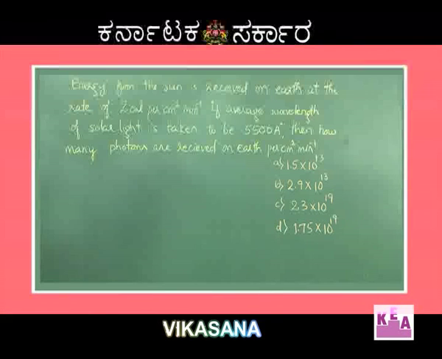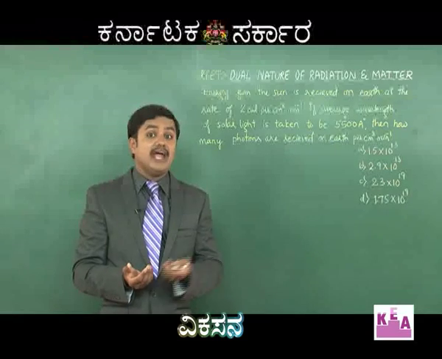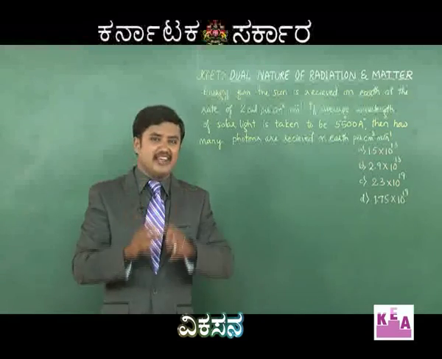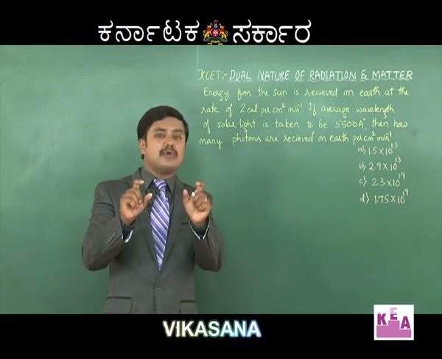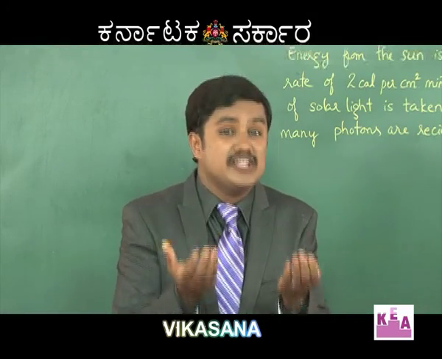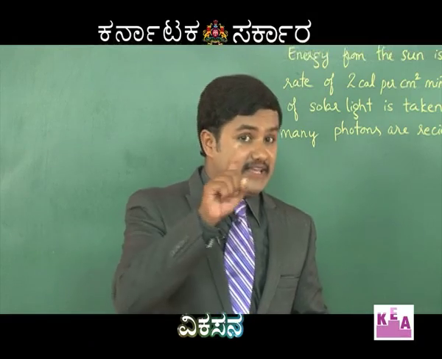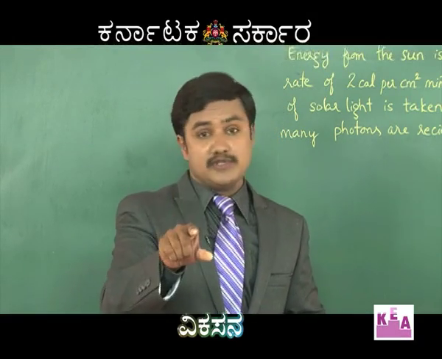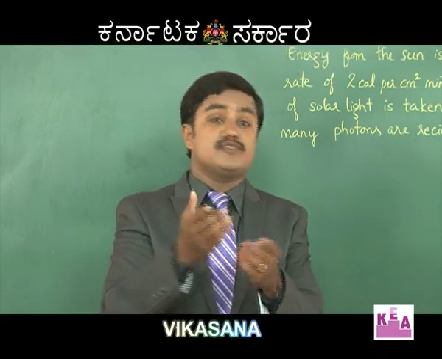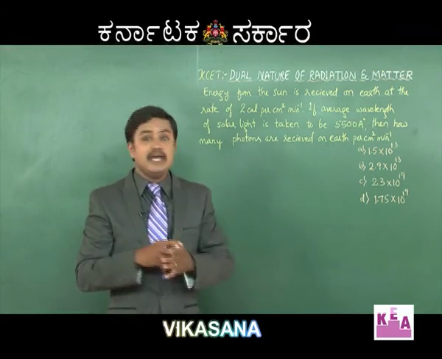Dear students, this problem is based on the relation between energy emitted by photons and the number of photons. Do we have any relation between energy and number of photons? Of course, you must remember this formula, E is equal to N h nu, very fundamental formula, where N denotes the number of photons emitted. But this has to be written in terms of wavelength, so I write E is equal to N h c by lambda.